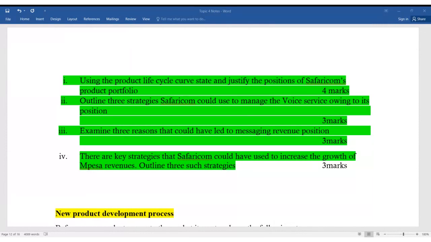Why are they in those positions? Because of the sales curve. Because of the sales growth, we can be able to take a note of the growth in sales that the product recorded over the previous years. So that's how to justify those positions. Outline 3 strategies Safaricom could use to manage voice service owing to its position.